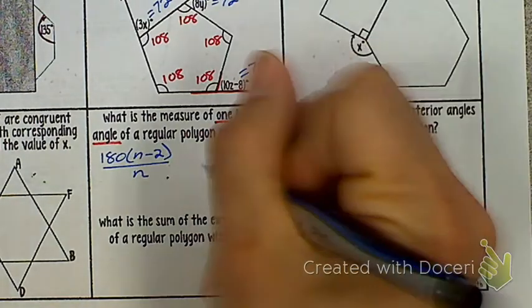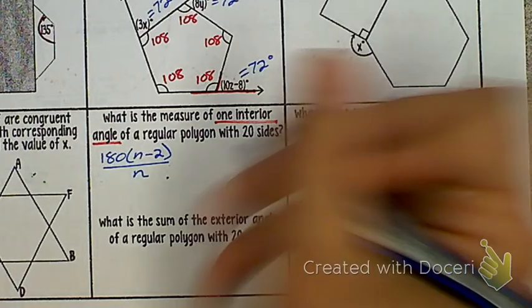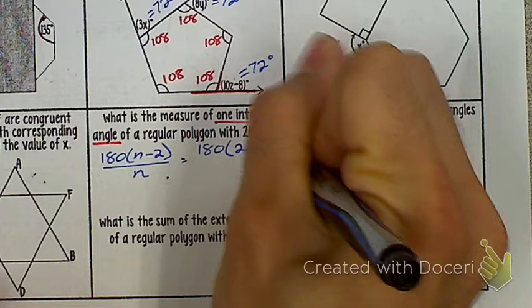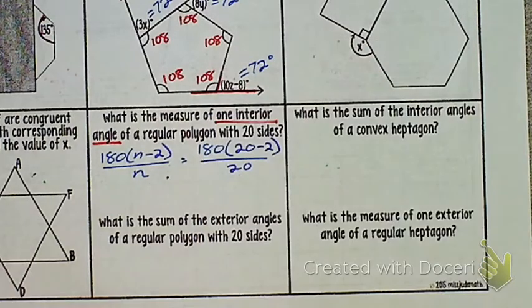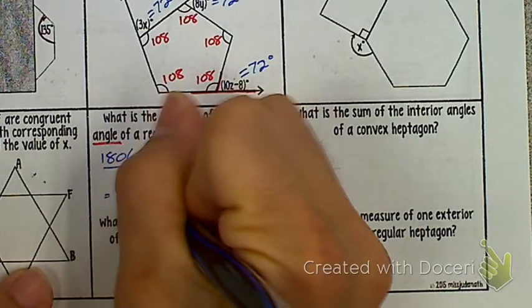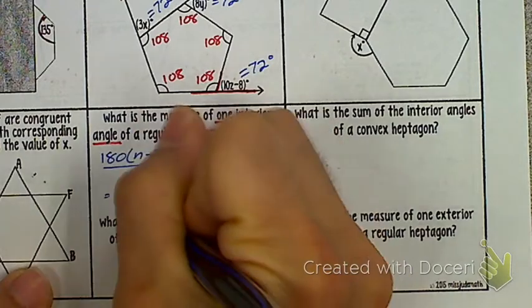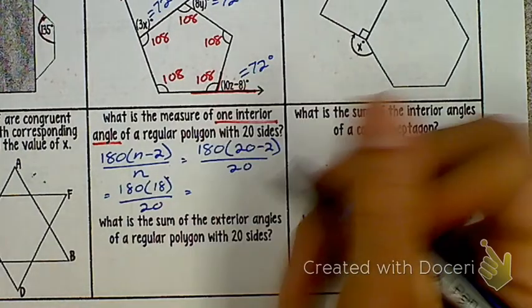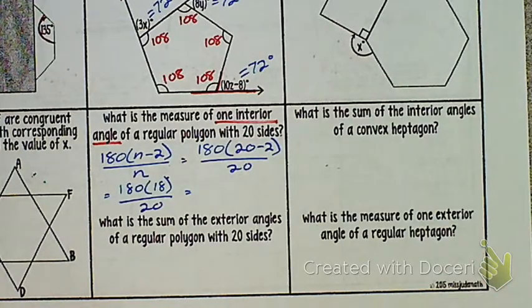So, 20 sides. Plug in 20. 20 minus 2 is 18. 18 times 180. What is it?